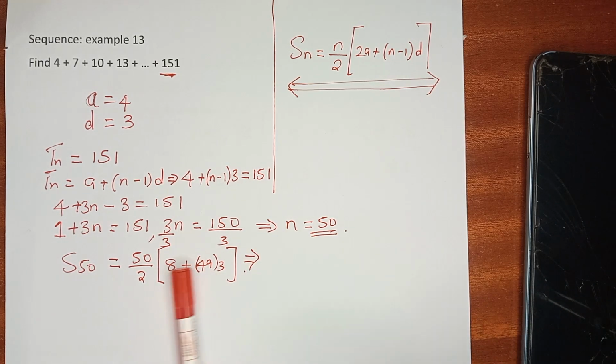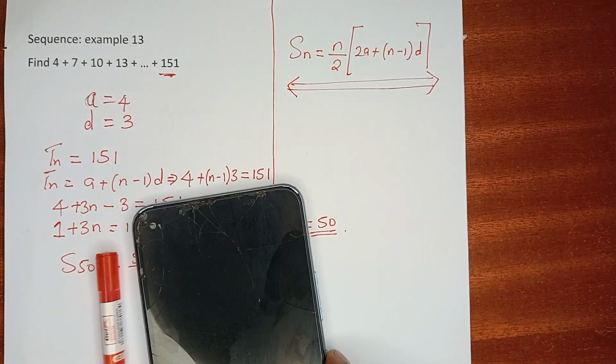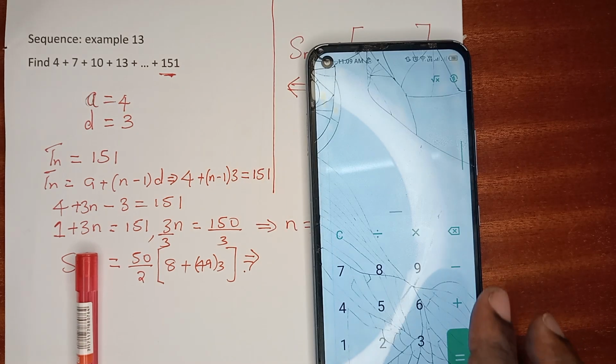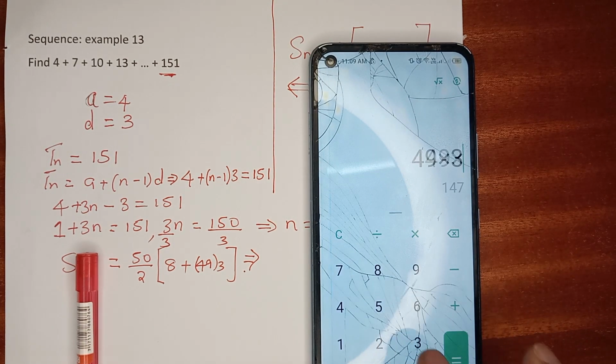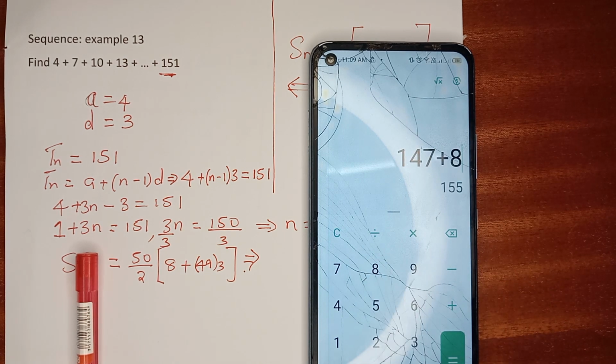Now, it's just a matter of using the calculator, and let us see. What is 49 times 3? That is 147. 147 plus 8, that is 155. Within the bracket, we have 155.